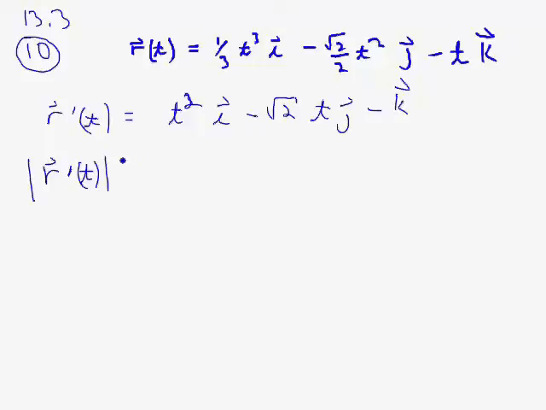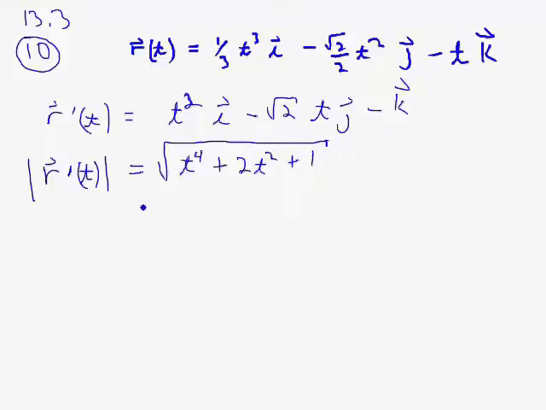So the magnitude of r prime of t is going to be given by the square root of t to the fourth, this guy squared, plus this guy squared, which would be plus 2t squared plus 1.